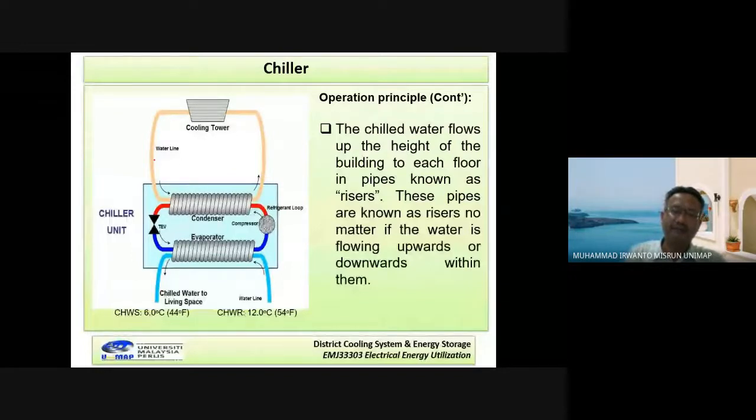Then through this pipe and valve it enters the evaporator again, is processed to become chilled water, and goes back to the air handling unit. This is all the explanation in detail.